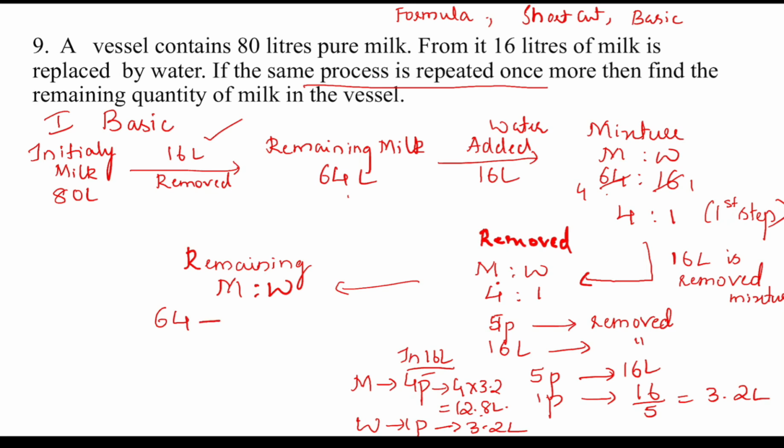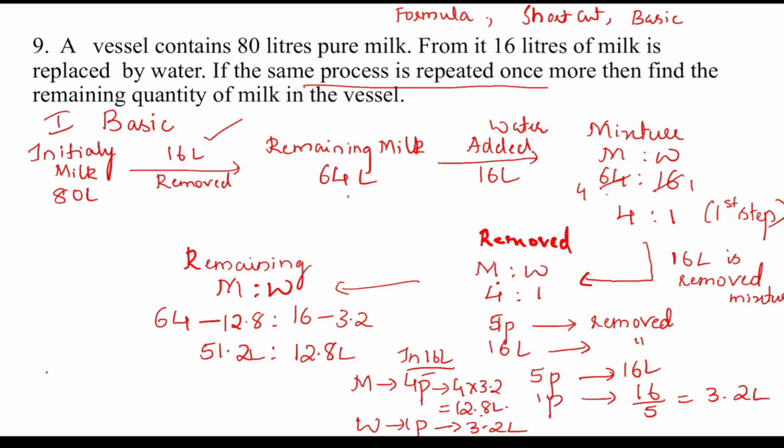After the second process, 12.8 of milk is removed, and water from 16 liters, 3.2, is removed. So 64 minus 12.8 is 51.2, and water will be 16 minus 3.2, which is 12.8. So this will be the remaining quantity of milk and water.